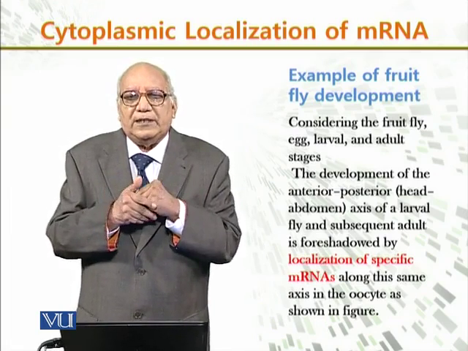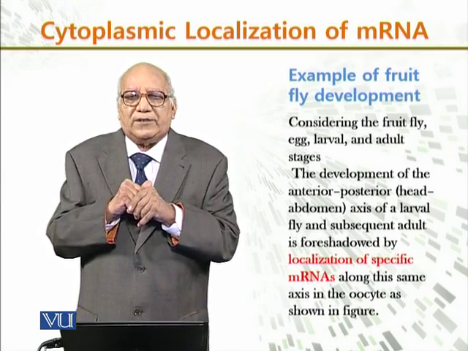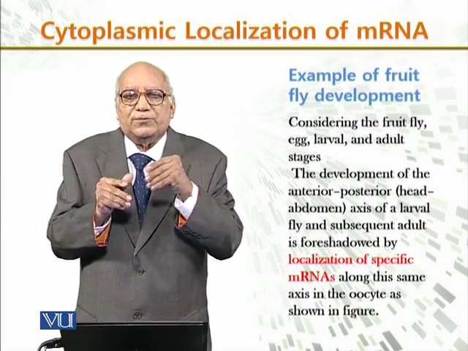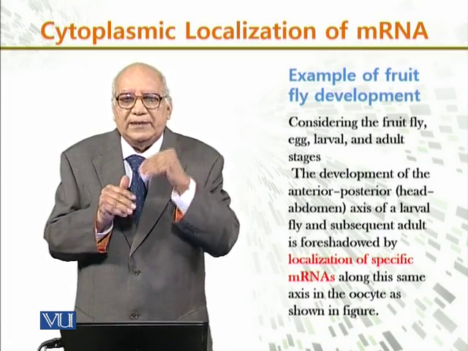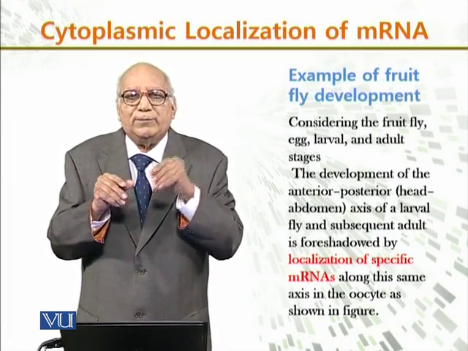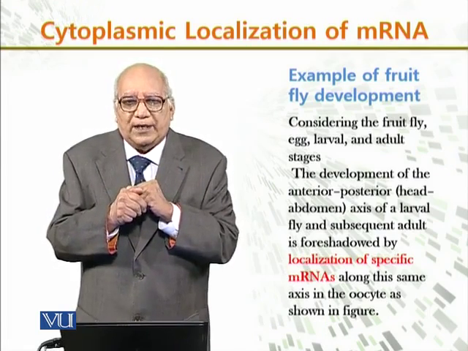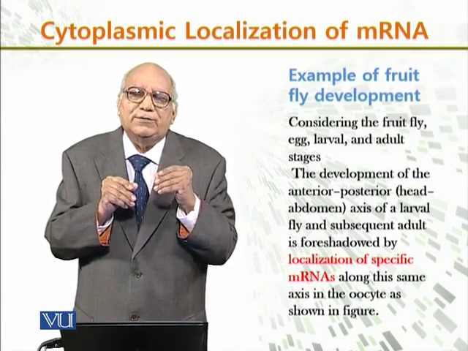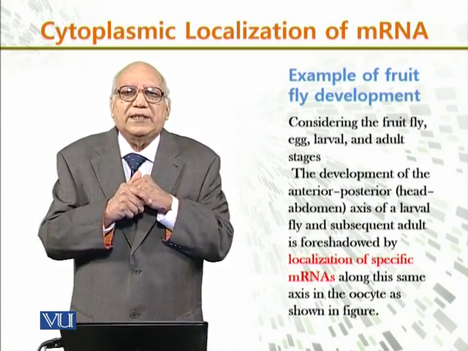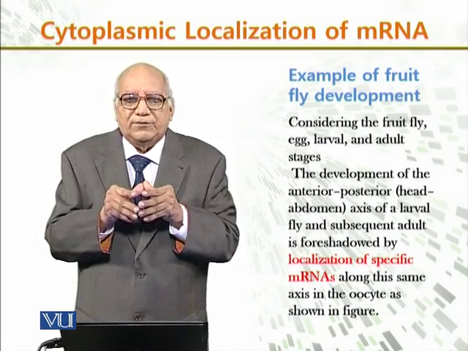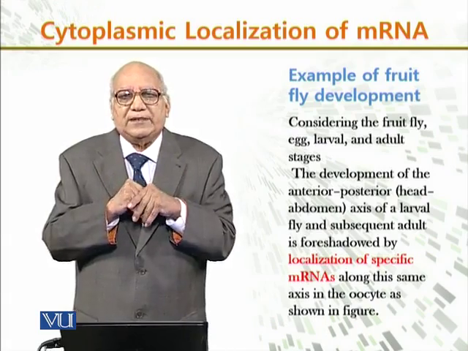Now, the development of the anterior and posterior, that is the head and abdominal axis, of the larva of the fruit fly and the subsequent adult is foreshadowed by the localization of specific messenger RNAs along the same axis in the oocytes, which is shown in the figure. So there are different places where the messenger RNA is situated in the cell.